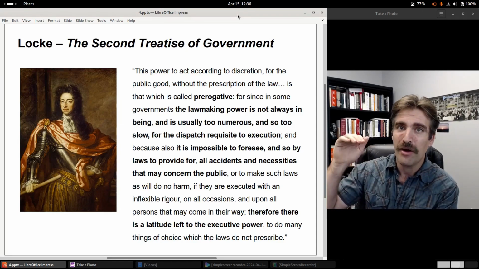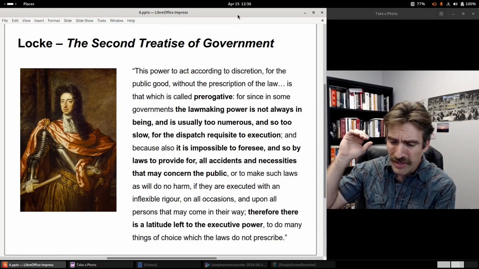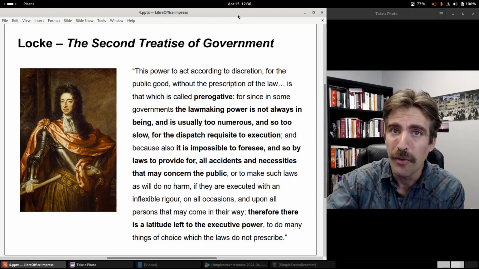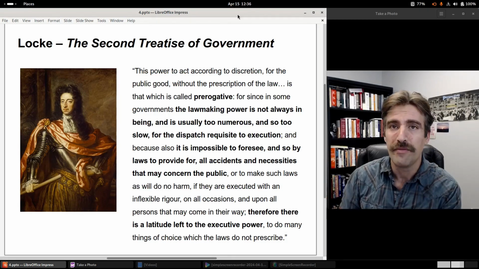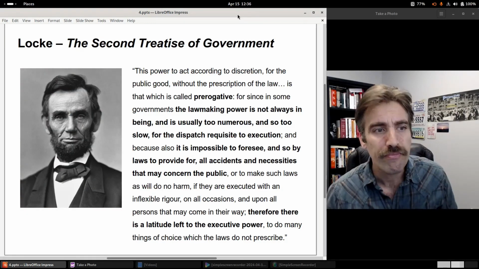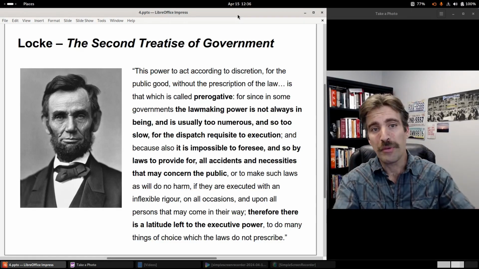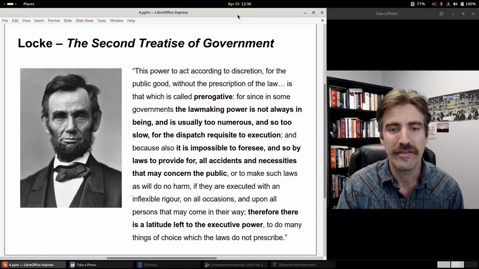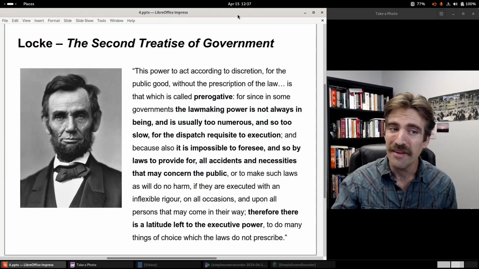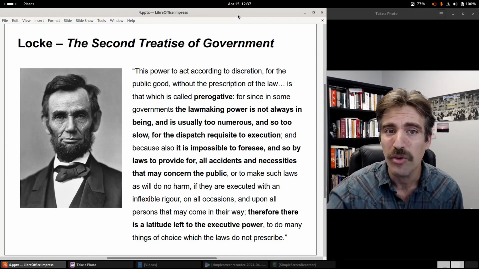The legislative power is the supreme power because the power of the legislative derives from the people. The legislative, as a lawmaking power, is the supreme power. So, U.S. presidents fall under this description. Abraham Lincoln, controversially, suspended habeas corpus.